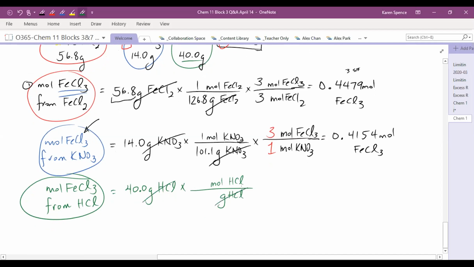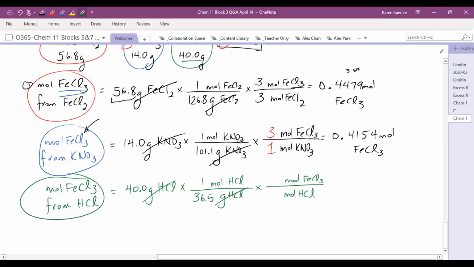The molar mass of HCl is 36.5 per 1 mole. Once you're in moles, you can convert from moles of HCl into moles of your other substance, which is our product FeCl3.